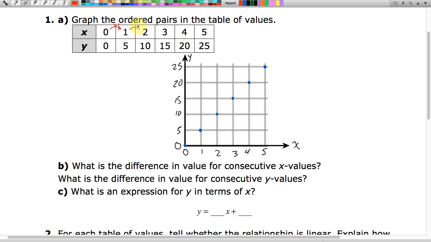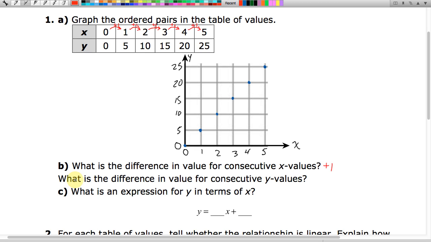Going from 1 to 2, obviously that's increasing by 1 as well. So each time we go to the next consecutive x value, we are increasing the x value by 1. And so that's why it's a plus 1. So plus 1 for each one of these steps here. And so I'm just going to put here plus 1.